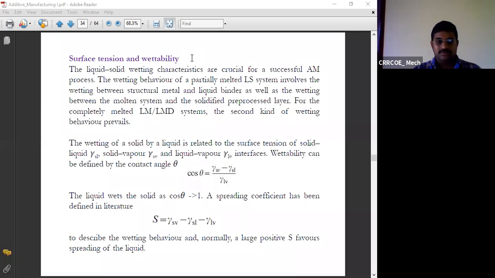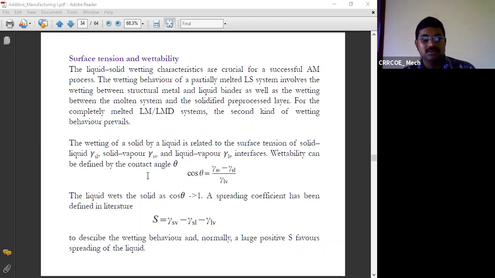Solid liquids, wetting characteristics. So these are the theoretical aspects. Here different parameters and mathematical relations are given. That is cos theta, where gamma SV is referred to for solid vapor, gamma LV is liquid vapor, and the contact angle.